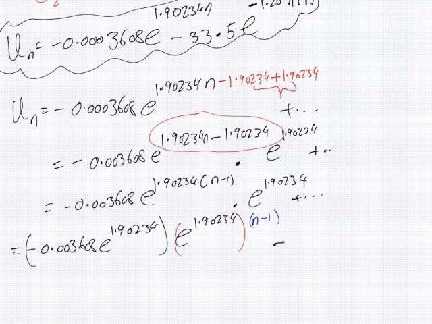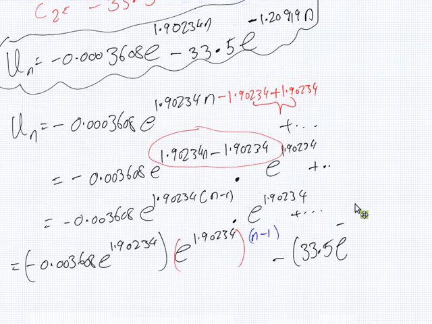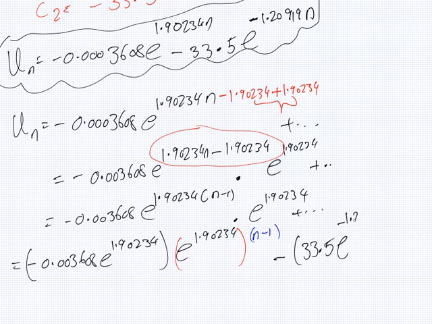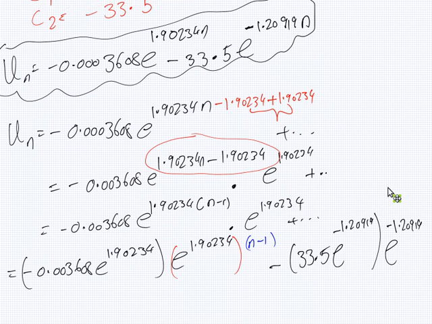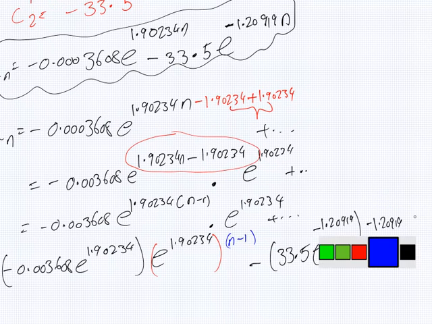You would get minus 33.5 e power minus 1.20919, e power 1 minus 1.20919, and then run out of space, n minus 1.